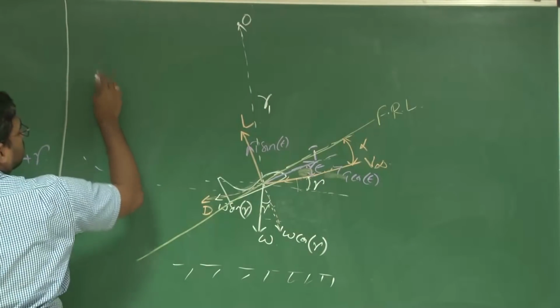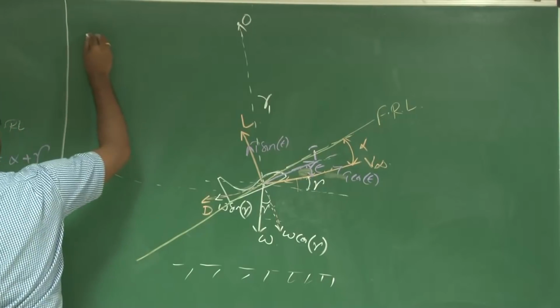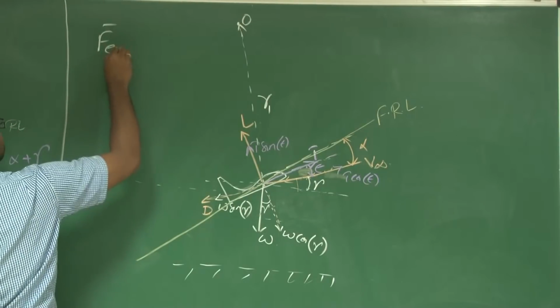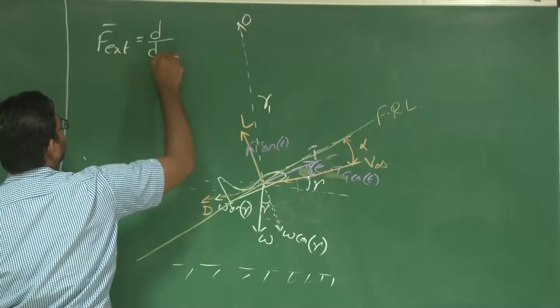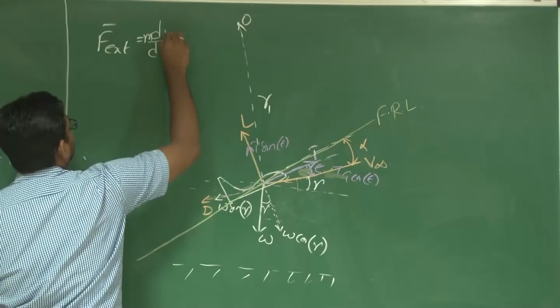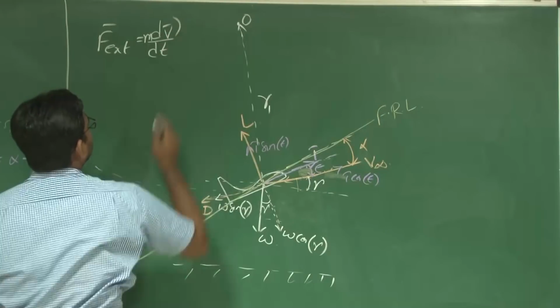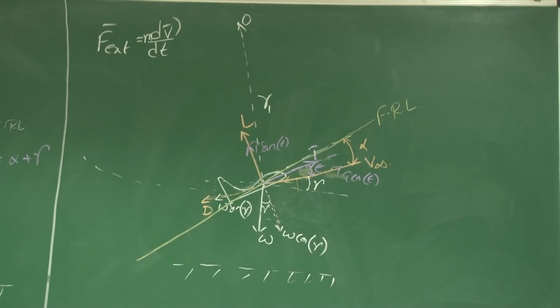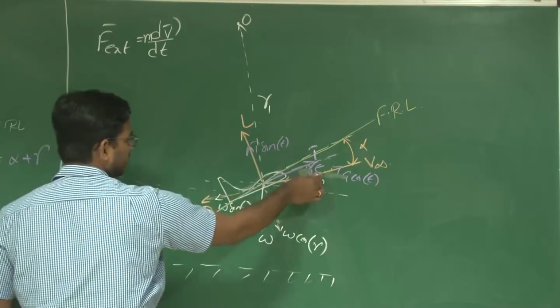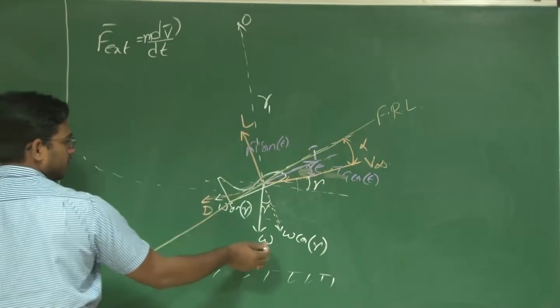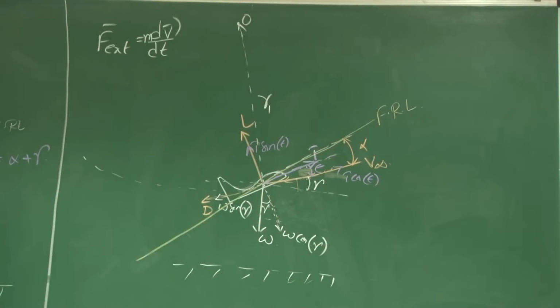Now, according to Newton's second law, the total external forces acting is equal to the rate of change of linear momentum, assuming mass is constant, d by dt of v bar. Right? So what are the external forces here? Thrust, lift, drag, and weight that are acting on this aircraft.